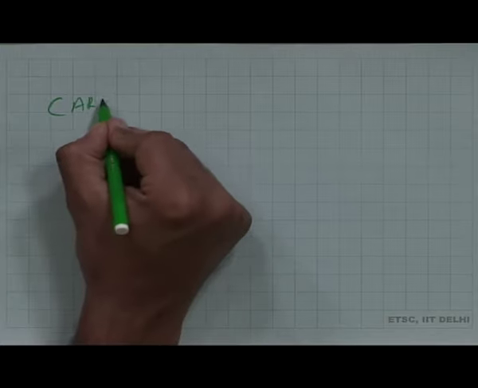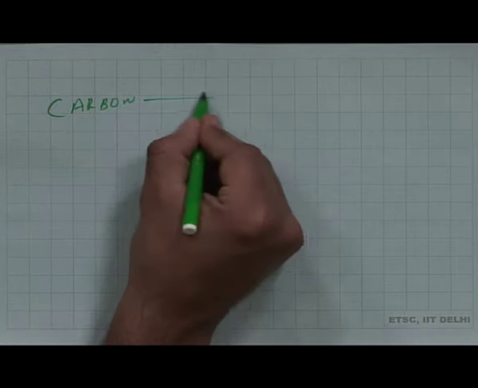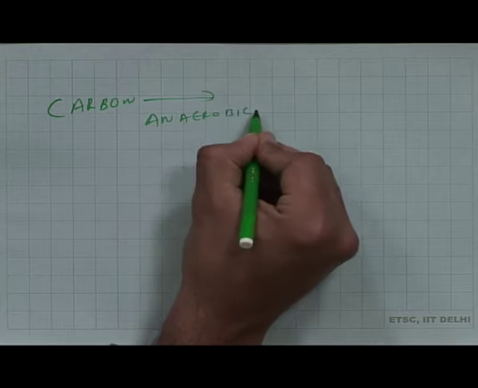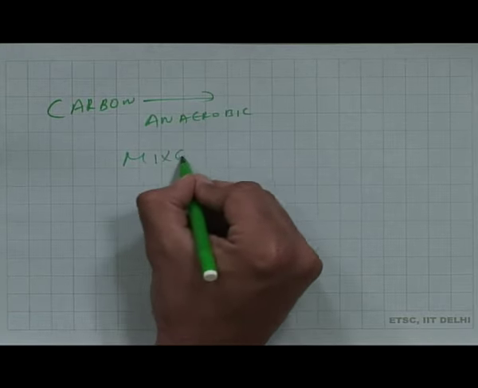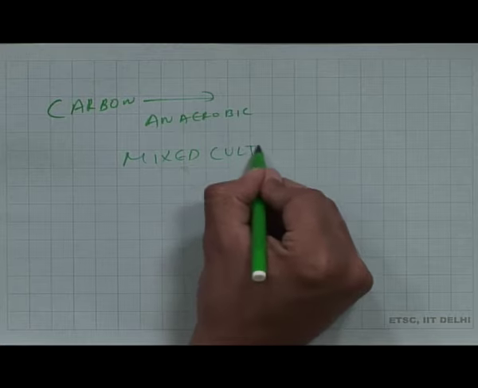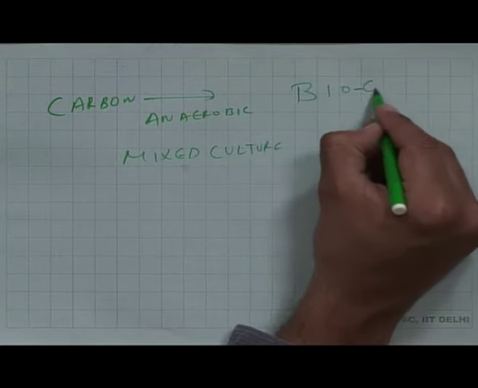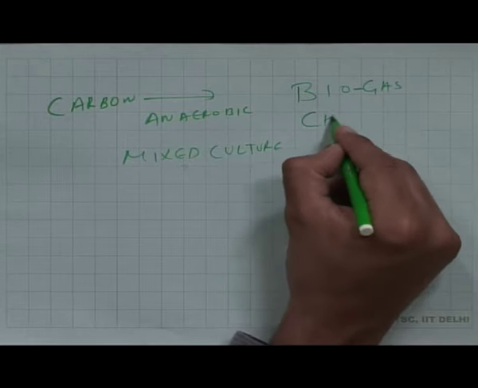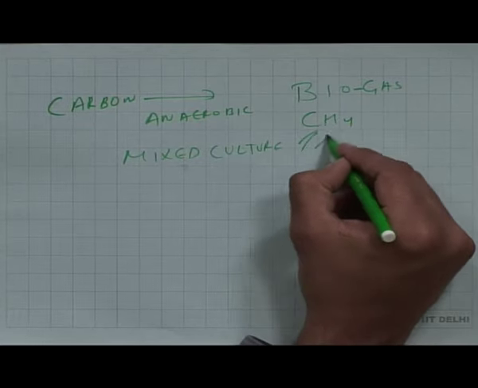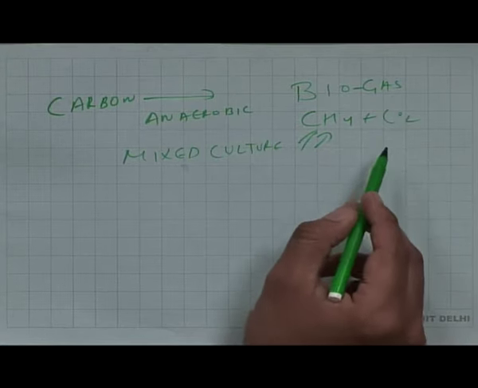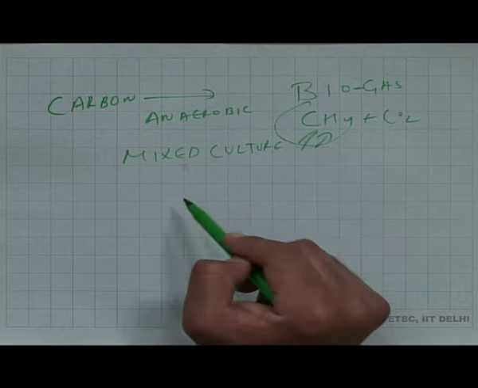You can also have anaerobic processes where you have carbon material, anaerobic. This is also by mixed culture, and basically this carbon can be converted to biogas. What does biogas contain? Primarily methane plus carbon dioxide. We want as little carbon dioxide as possible and as much methane as possible.